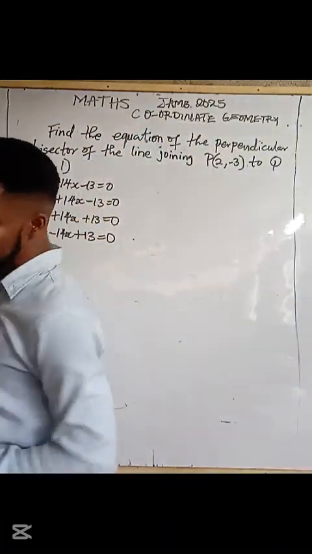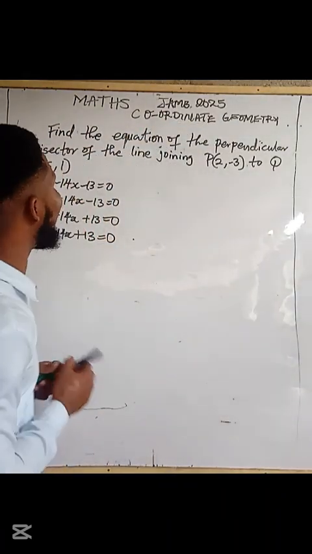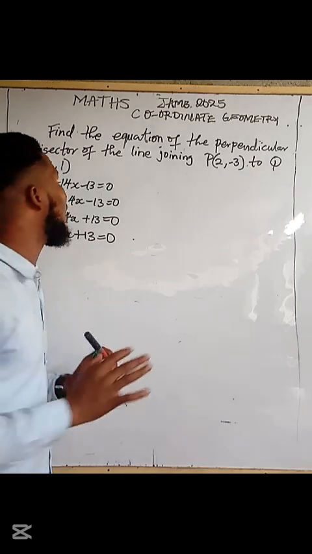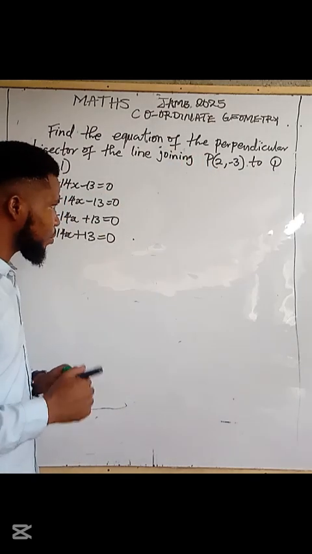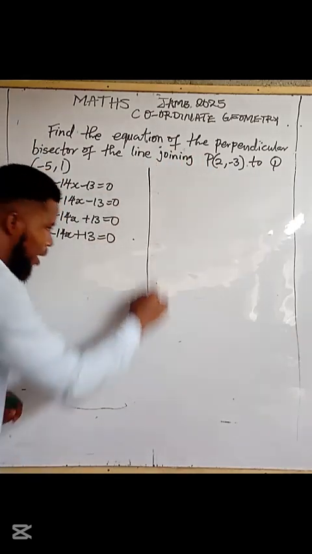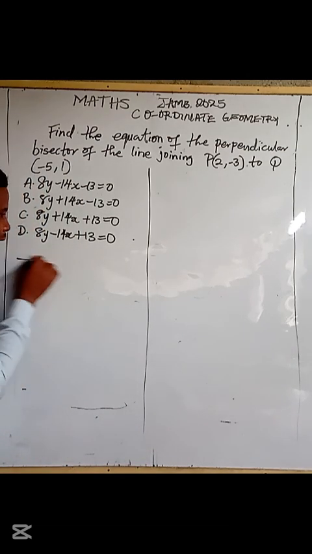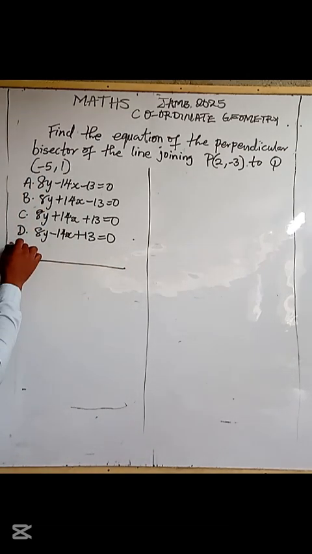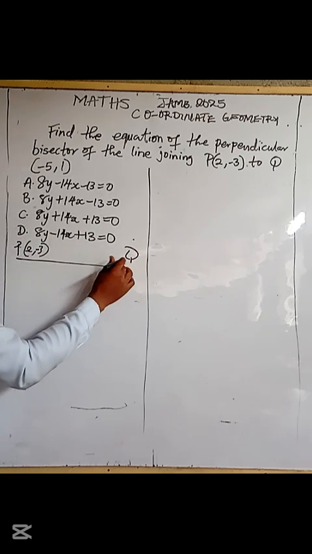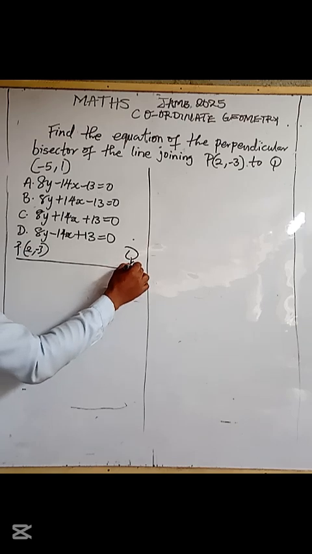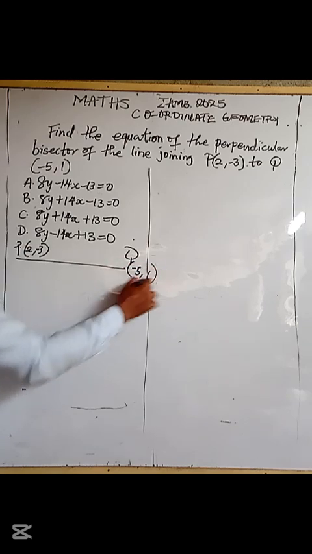Now, the first thing is that you must understand what they are trying to outline there. Let me have my line this way. There is a line that joins P(2, minus 3) and Q(minus 5, 1).